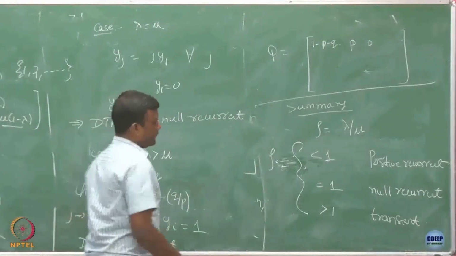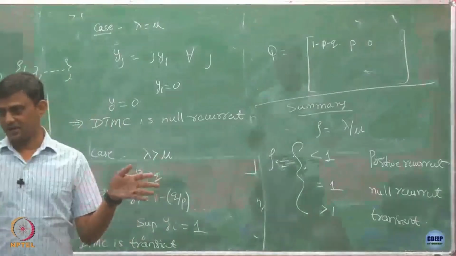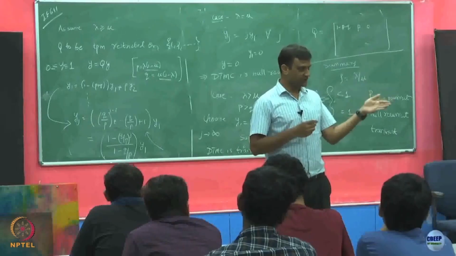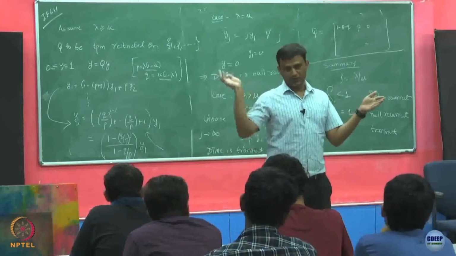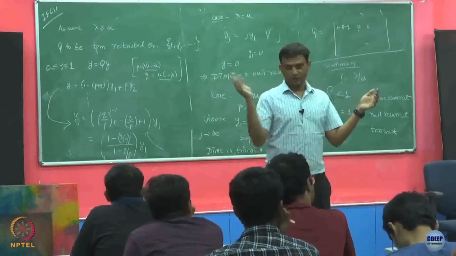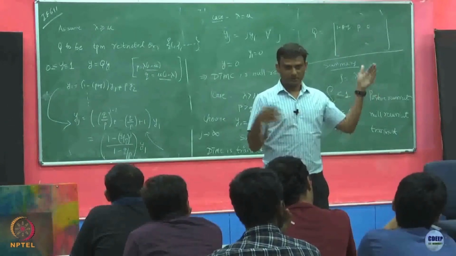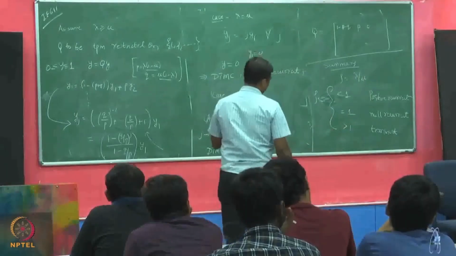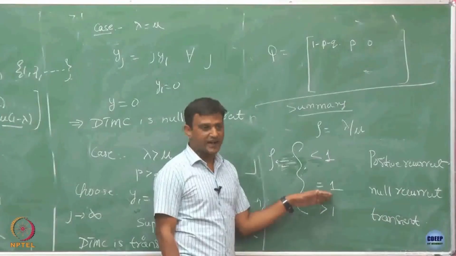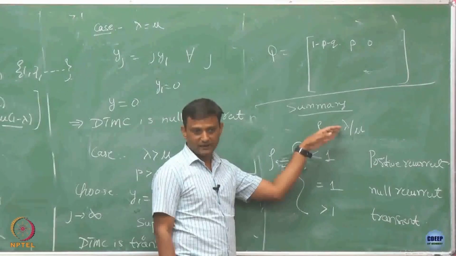So if you are a designer of some queuing system or some processing system, where you have to process some requests, it could be somebody asking for a ticket, or some computer system asking for some service, or whatever jobs you have to deal with, this is basically saying that I would like to design my system in such a way that my service rate has to be larger than my arrival rate.